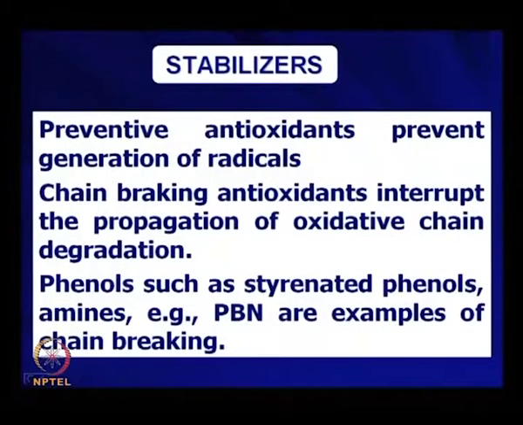Chain breaking, oh here the spelling is wrong, it should be BREA, chain breaking antioxidants. Chain breaking antioxidants means it will break the chain reactions. Degradation reactions are chain-like, non-stop reactions, that is called chain reaction.